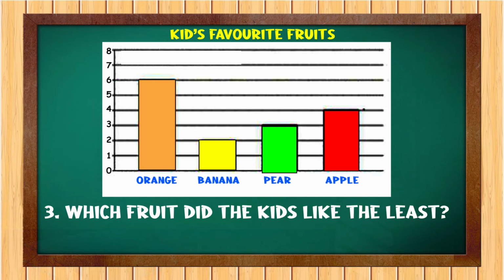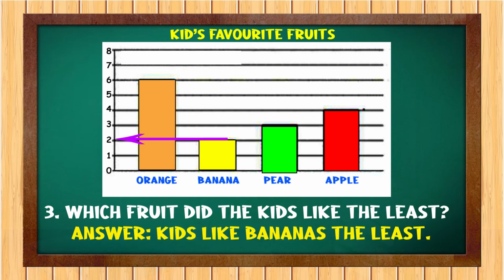Question 3. Which fruit did the kids like the least? So we're looking at the shortest bar, which would be banana. Oh my, kids like banana the least.